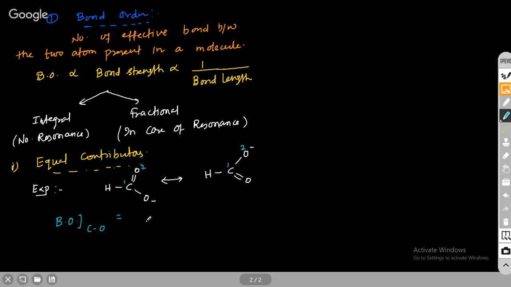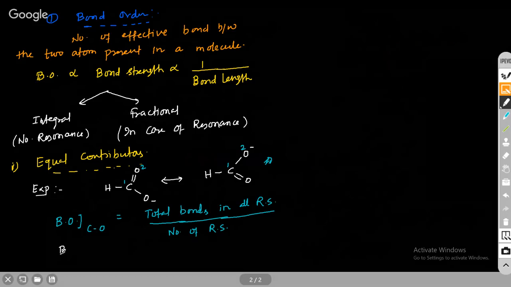This should be the number of total bonds in all RS, resonating structures, divided by the number of RS, which is here. This is the formula, right? So when you apply this formula here, what will the bond order be? I'll write it down here.